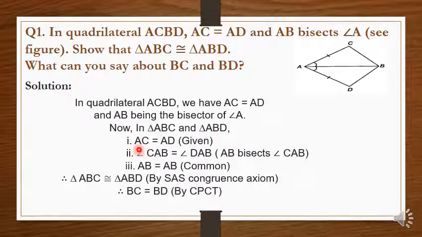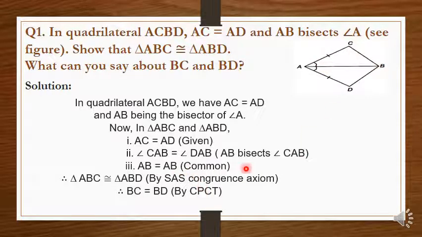So the first condition is AC equal to AD. AC lies in ABC, so we have to write it on the left hand side. So AC is equal to AD, right? It is already given. Next, since it is a bisector, angle CAB is equal to angle DAB. And the third one is that AB is a common side.